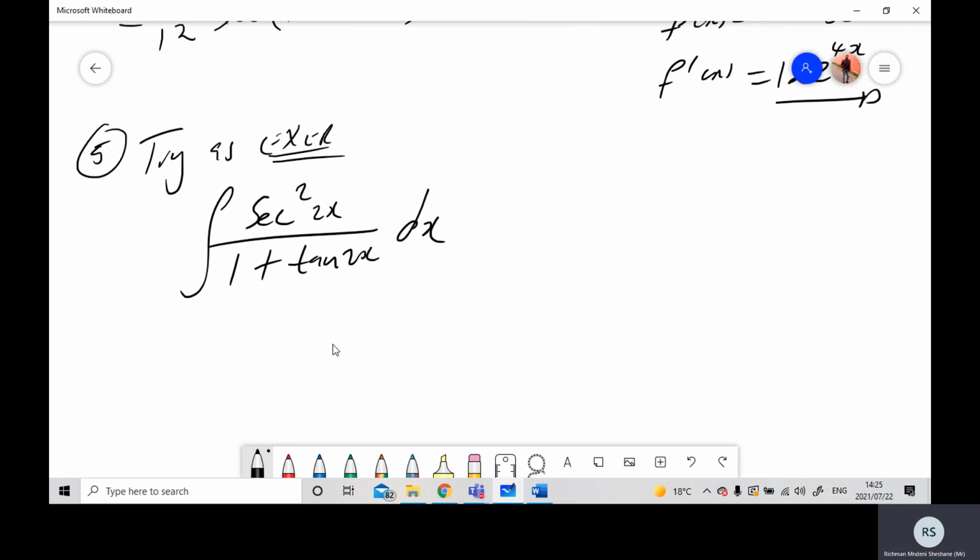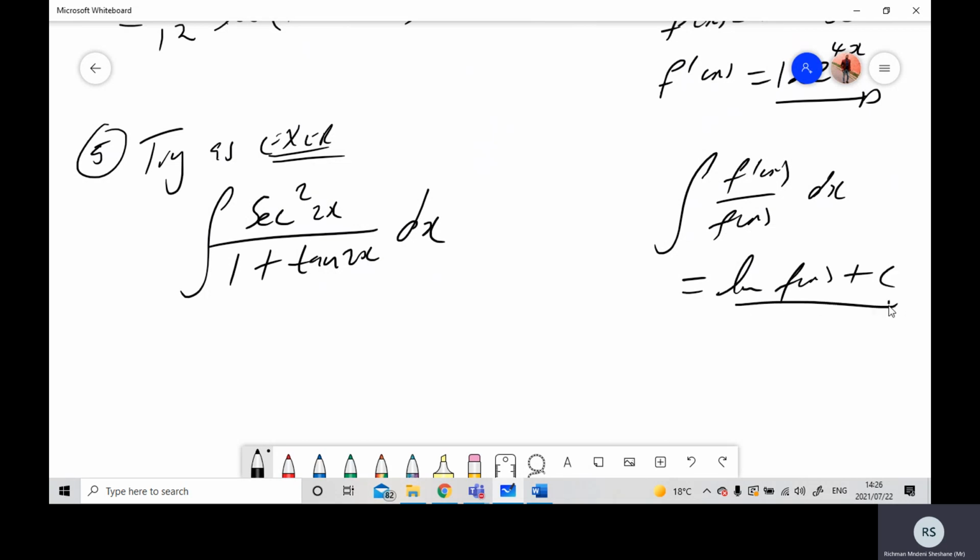So try to integrate this. It should be easy. The hint: you just use the standard integral, the integral of f prime over f of x dx is ln of f of x plus c. Write the standard integral for this.